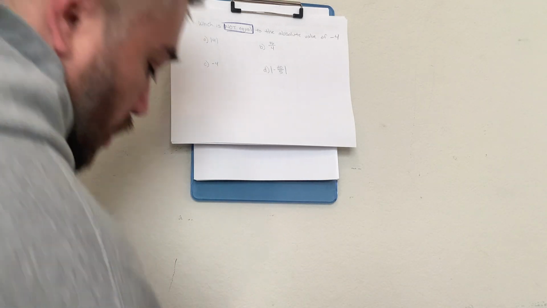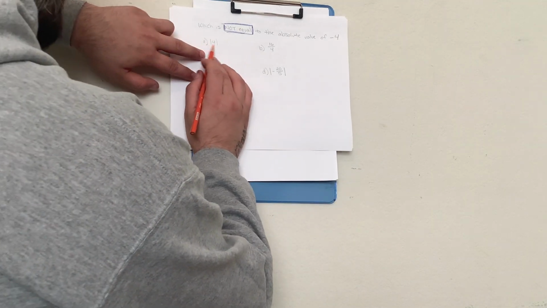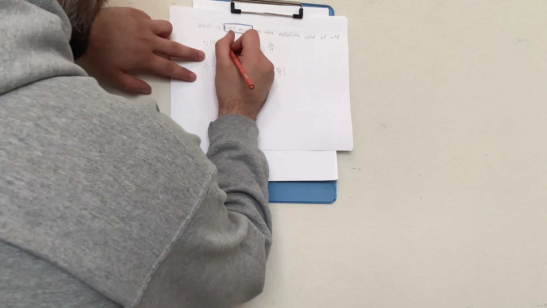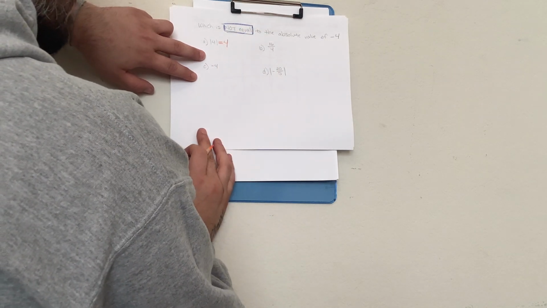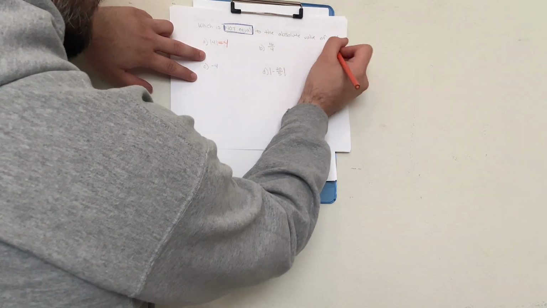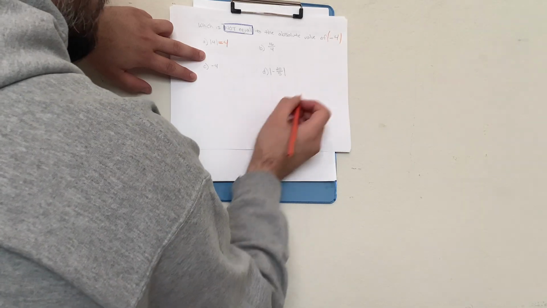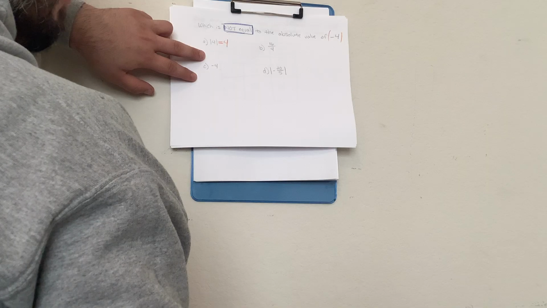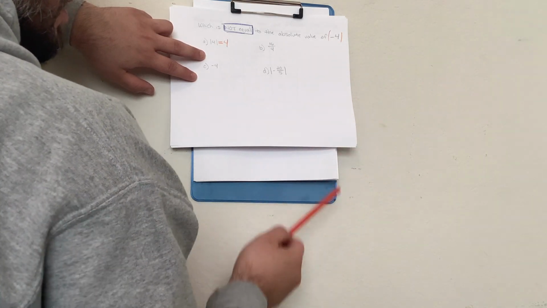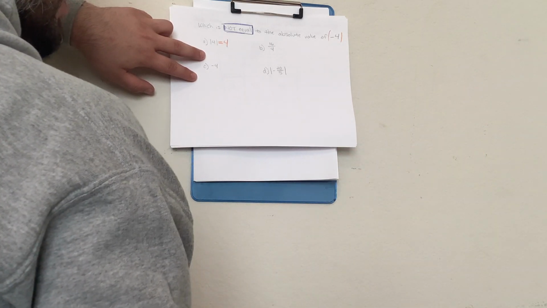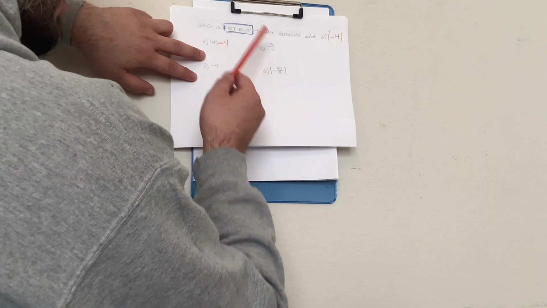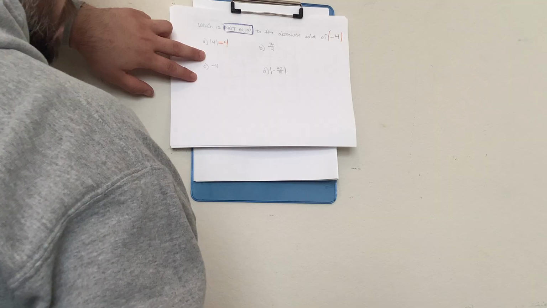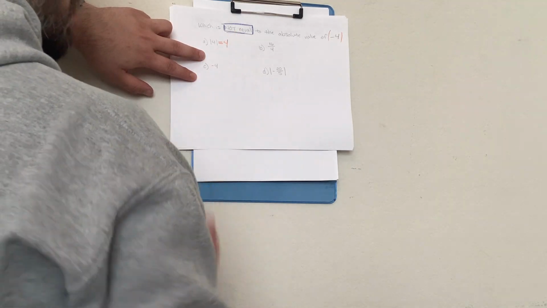That works for me. So I can say that the absolute value of 4 is the distance this number is from 0, which is 4, which is not equal to the absolute value of negative 4. Well, that would be equal. Negative 4 is 4 digits away from 0. 4 is 4 digits away from 0. That works. I can't pick it because they're looking for what's not equal. They're looking for what's wrong.